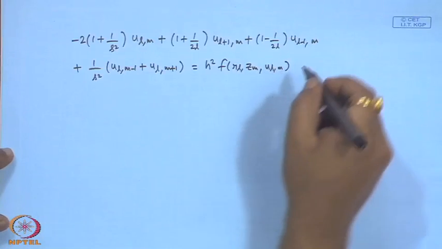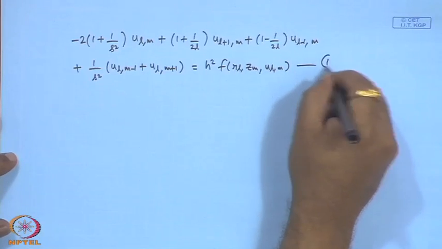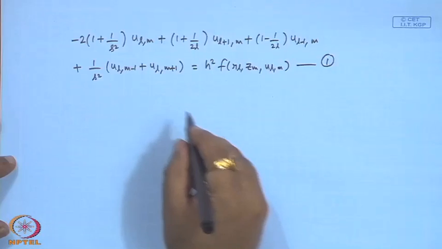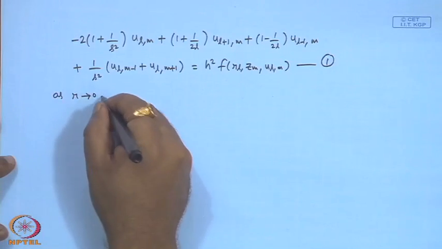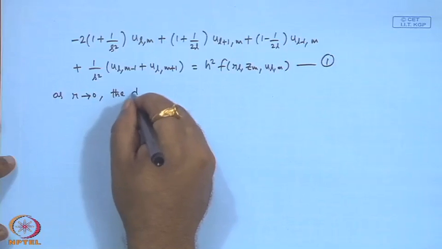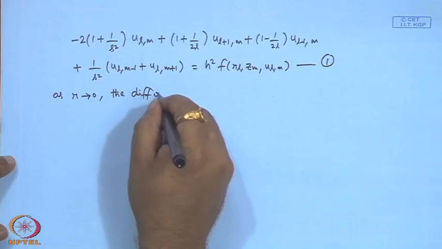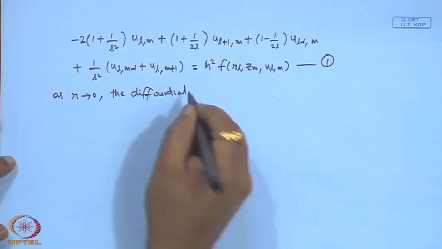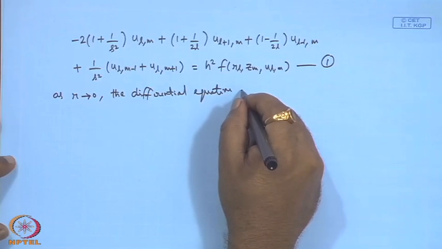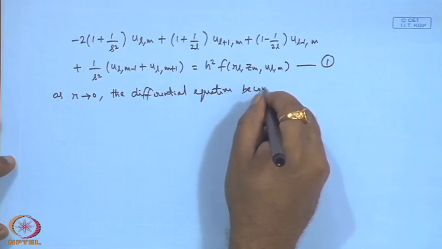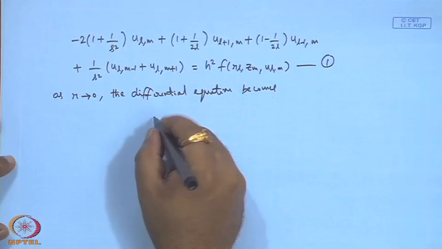So, now this is the discretized version of the equation. However, as r goes to 0, the differential equation becomes this.